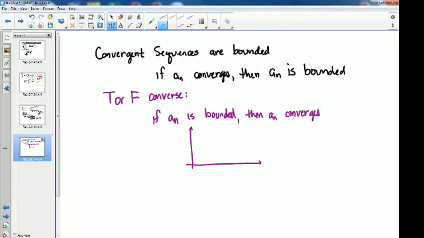X squared is not bounded. What's the one that approaches the y-axis but never touches it? Okay, exponentials are bounded. I see what you mean.